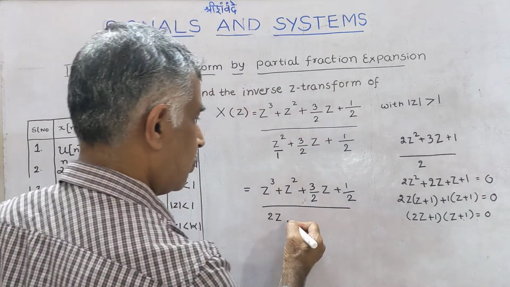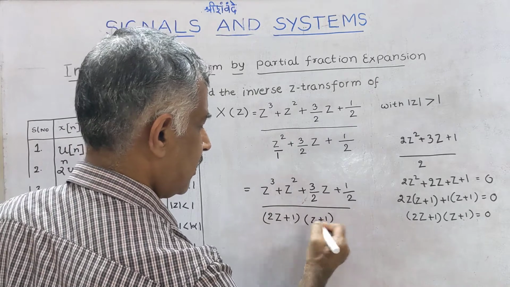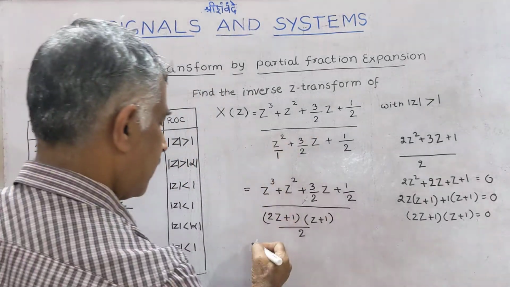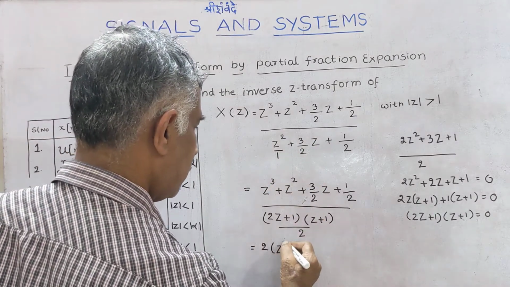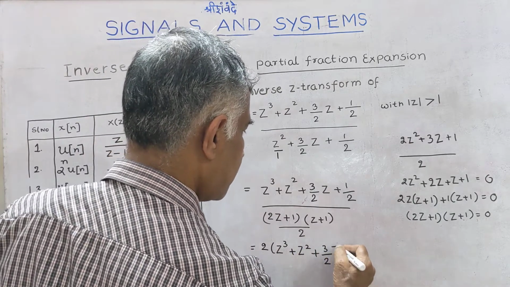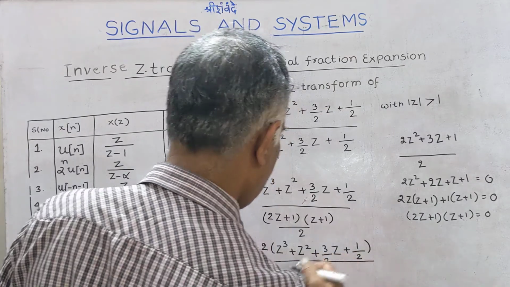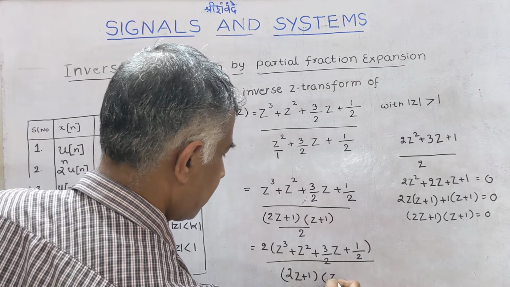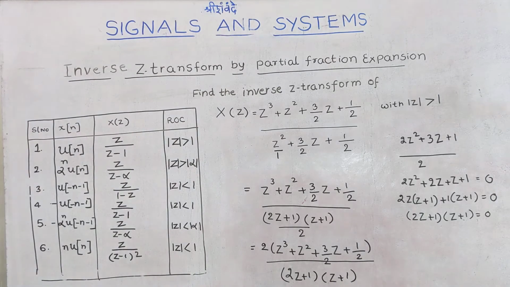Now this 2 goes to the numerator. Then 2 into (z cube plus z square plus 3 by 2 z plus half) divided by (2z plus 1) into (z plus 1).